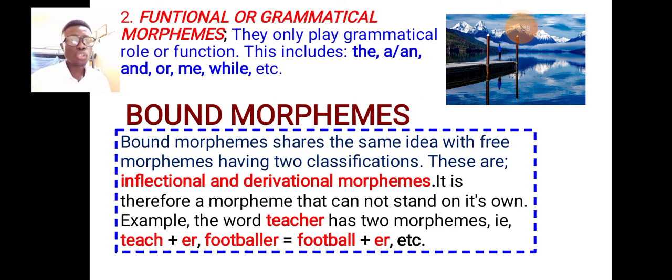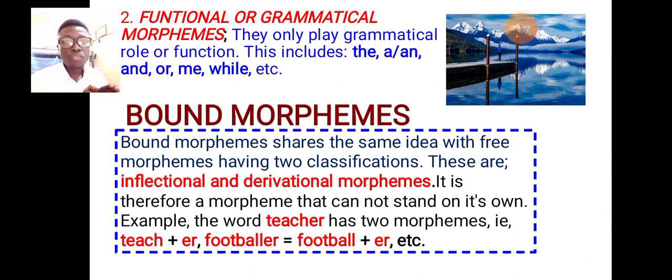All right, so we are saying that bound morphemes are morphemes that cannot stand on their own to generate or create meanings. Now, you see, it is the opposite of what? Free morphemes. Bound morphemes are the opposite of free morphemes. Whereas the free morpheme gives out meaning, they generate meaning for themselves.